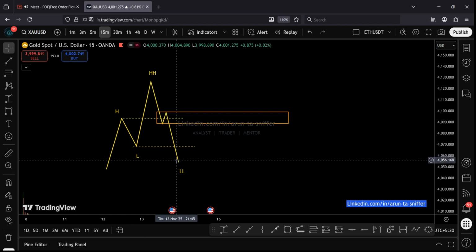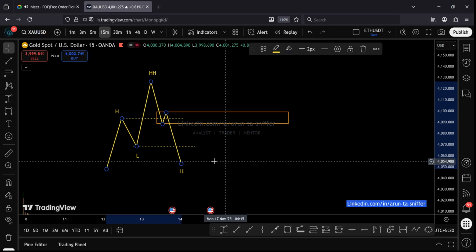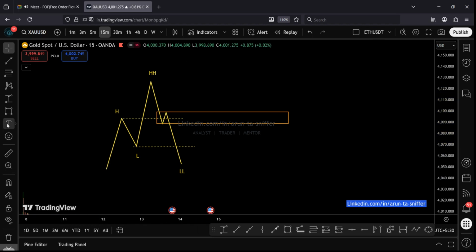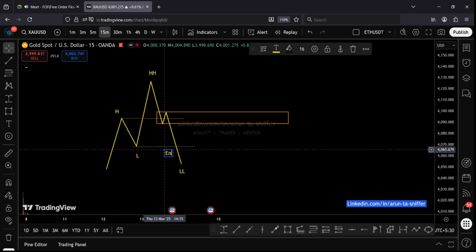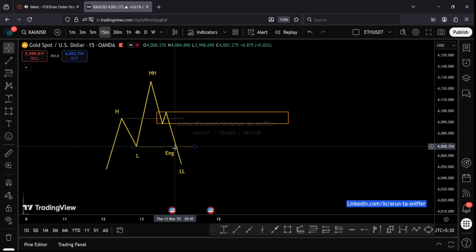Price engulfs here like this. The price has engulfed here.